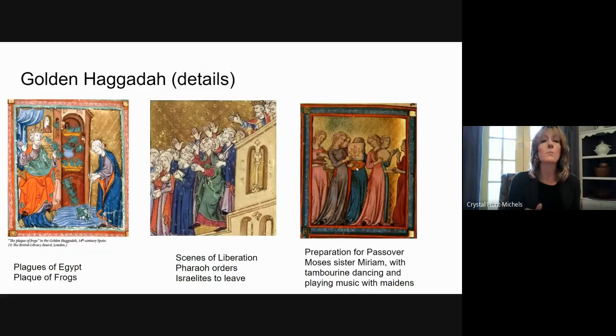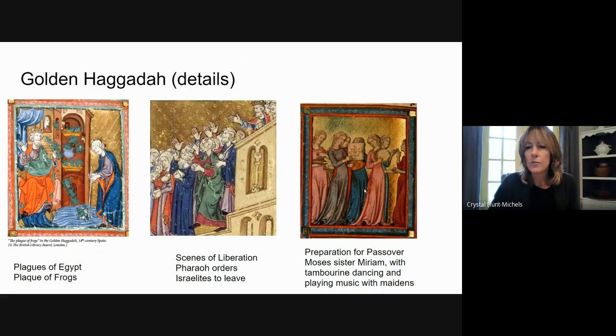Here's just some details of some of the scenes. This here is from the plagues of Egypt, and it's a close-up showing the plague of frogs. And then here, this is from the scenes of liberation, where the Pharaoh is ordering the Israelites to leave Egypt.